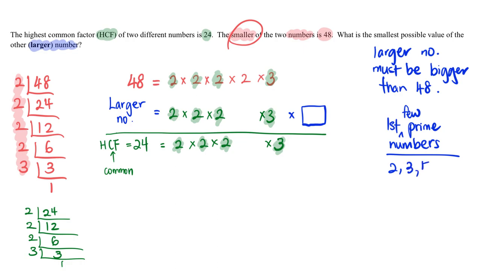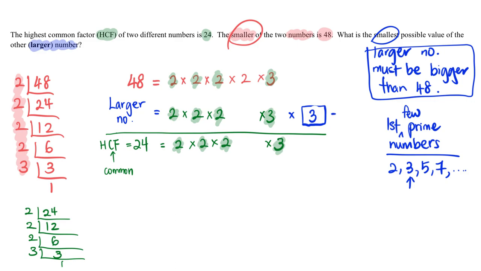2, 3, 5, 7, and so on and so forth, because they want the smallest, right? I tried 2, but I realized that if I try 2, the larger number will become 48, but I need to make sure that it is bigger than 48. So 2 is not a good idea. I move on to 3.